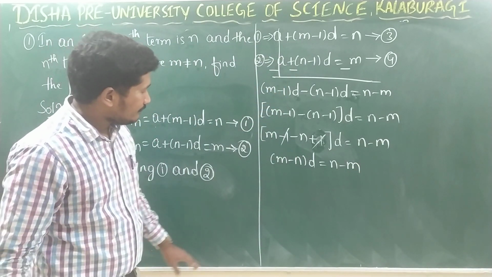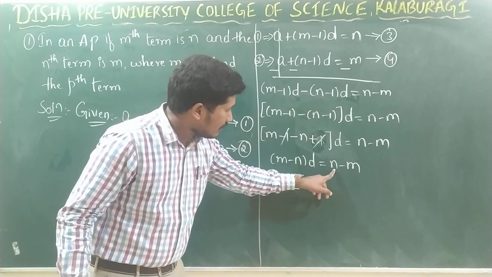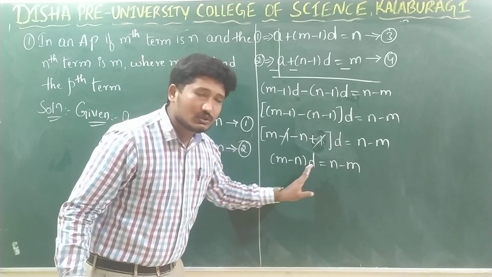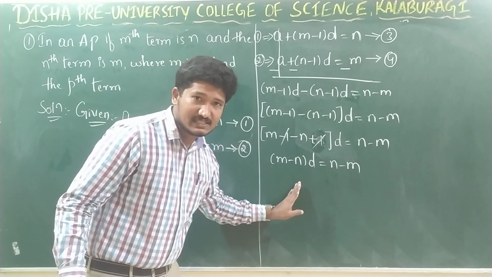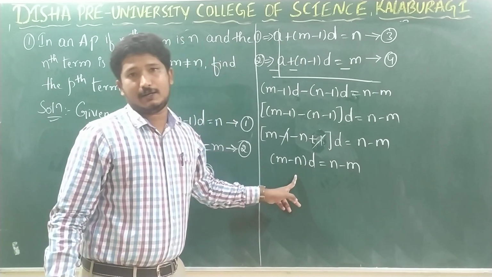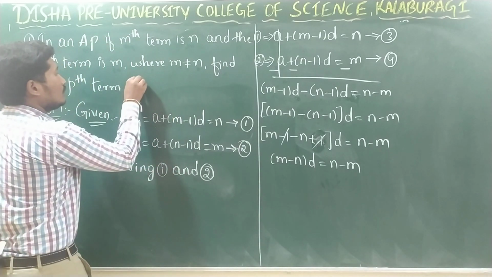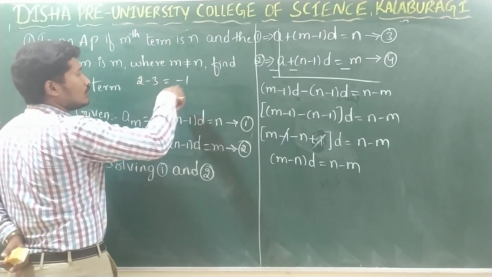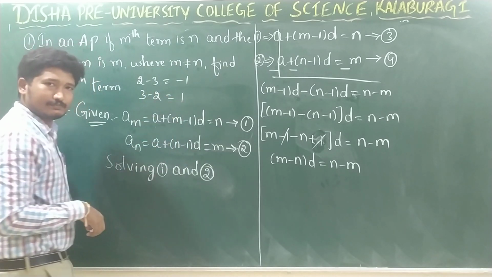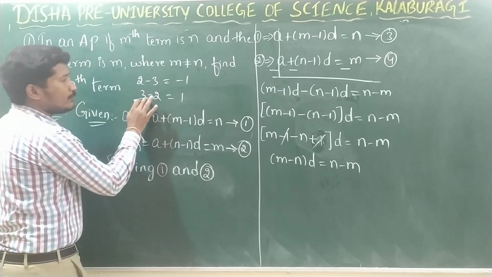Right? See here. Here also we have m and n. Here also we have n and m. Right? And in both the sides, that is LHS as well as RHS, we have the difference of m and n. Am I right? See here. 2 minus 3 is what? Minus 1. 3 minus 2 is what? 1. Right? See, we have the difference of 3 and 2 in both the terms.